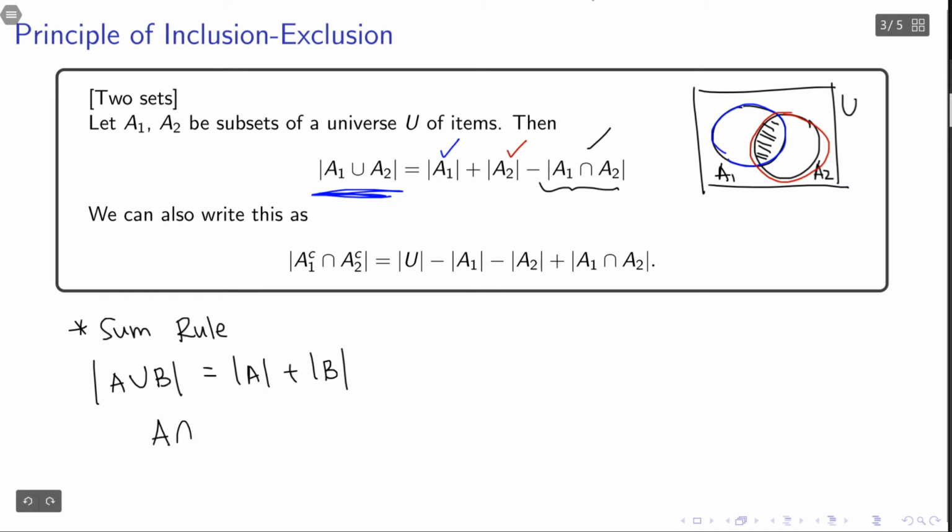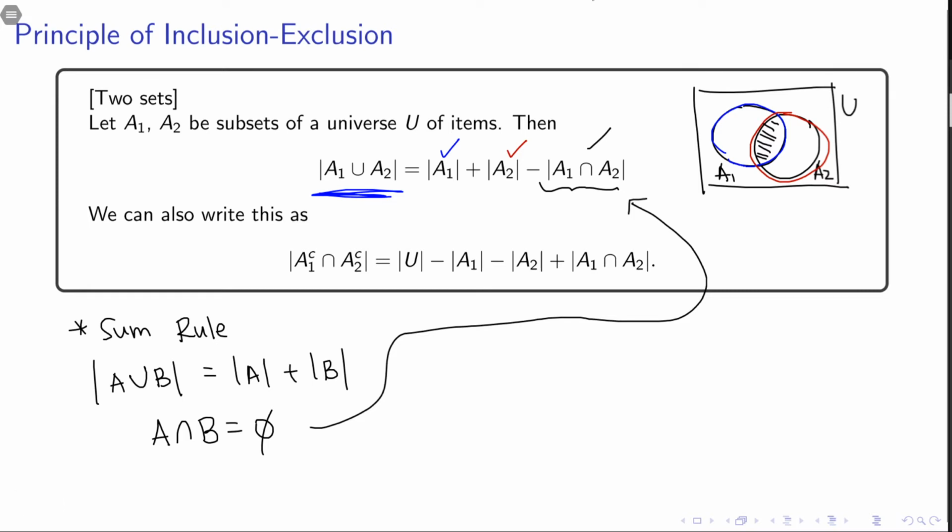It means A intersection B is equal to the empty set. And this should now be apparent to you that this principle of inclusion-exclusion for two sets is basically the sum rule, but generalized to the case where you don't have a partition.